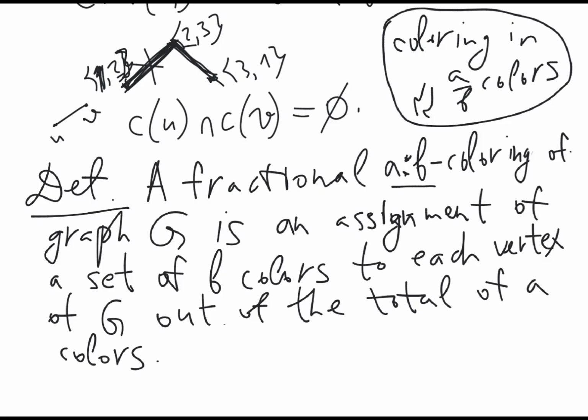So for example, like in this example, even though it's not a valid fractional coloring, in total we have 3 colors, 1, 2, 3, and each vertex receives 2 colors.